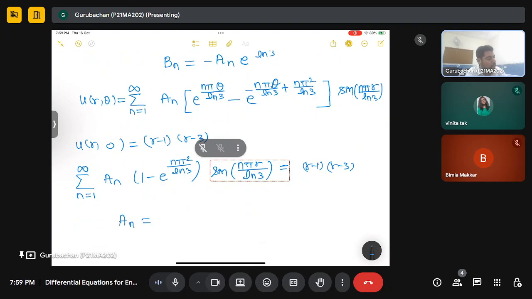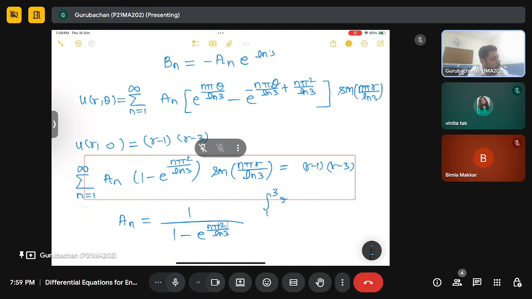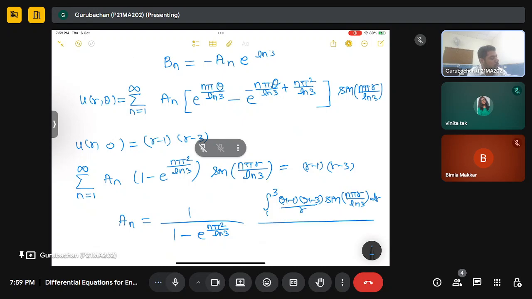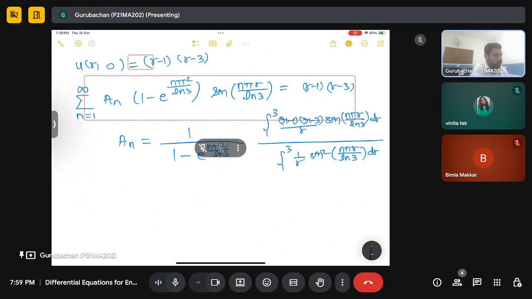So you will get a_n to be 1/(1 − e^(nπ²/ln3)) times the integral from 1 to 3 of (r−1)(r−3) sin(nπr/ln3) dr/r, divided by the integral from 1 to 3 of (1/r) sin²(nπr/ln3) dr. So you got this value of a_n.